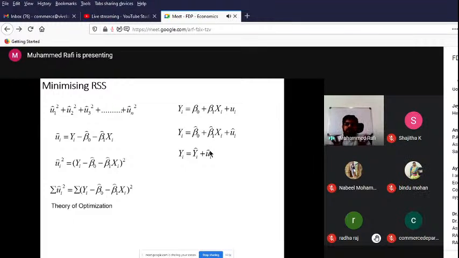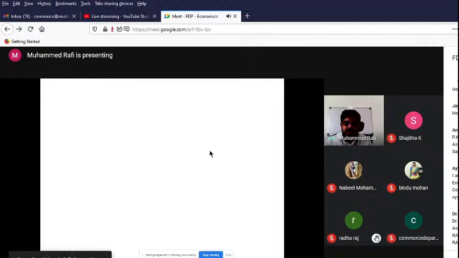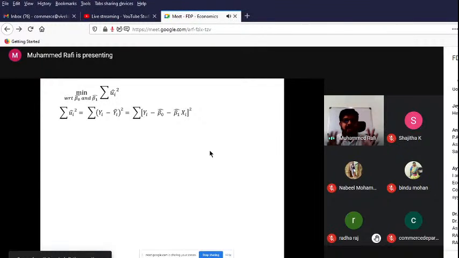So we are going for the minimization where we apply the theory of optimization. You take the first order difference. So we are actually minimizing the residual sum of square with respect to beta 0 cap and beta 1 cap. So what we actually do is, this is a two-step procedure. In the first step, you go for the differentiation with respect to beta 0 cap and beta 1 cap and equate with 0.